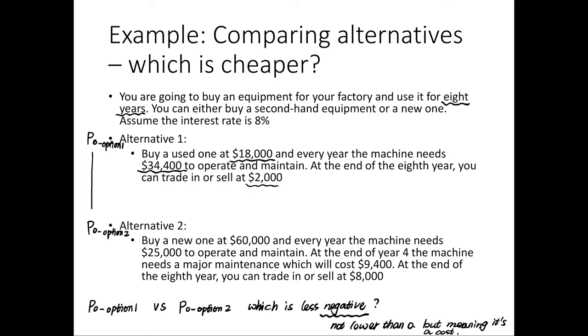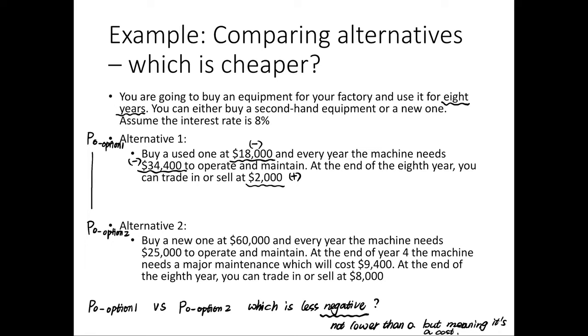At the end of the year, you can trade in or sell at 2,000. Okay, so the 18,000 is a cost, so it's money going out, and this 34,400 is also a cost, so it's negative, and the 2,000 is something positive.